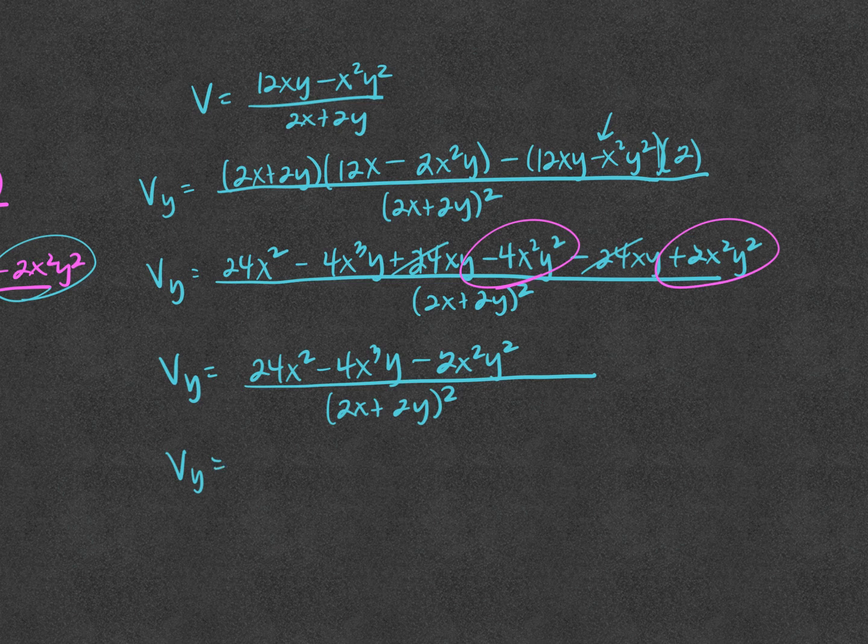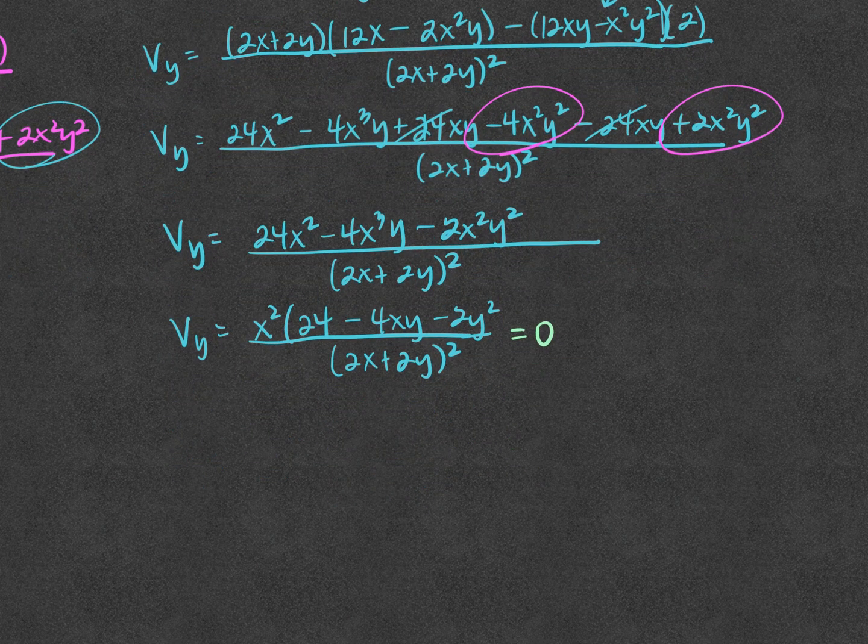So our first derivative with respect to y, we can factor out an x squared on the top. And we have 24 minus 4xy minus 2y squared over 2x plus 2y quantity squared. Now, in order to find our critical point, we're going to set this equal to 0.